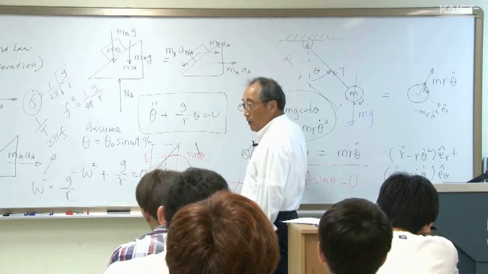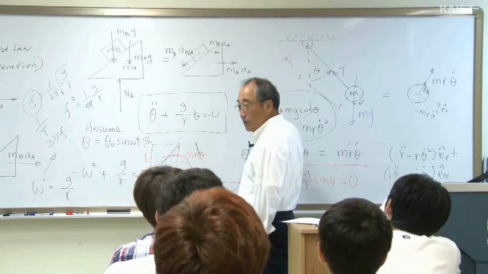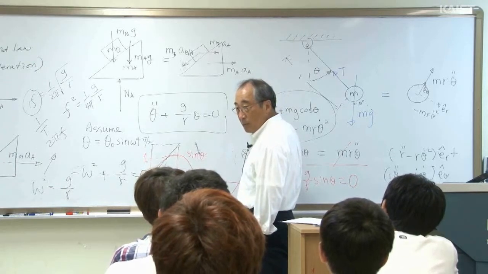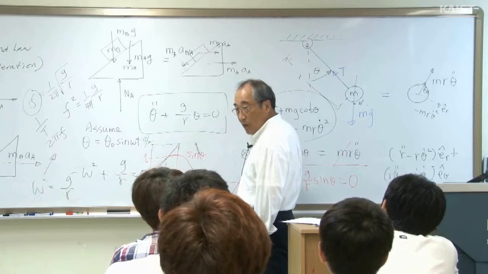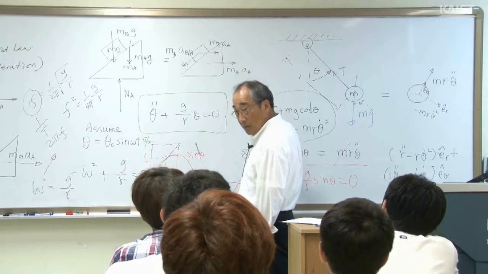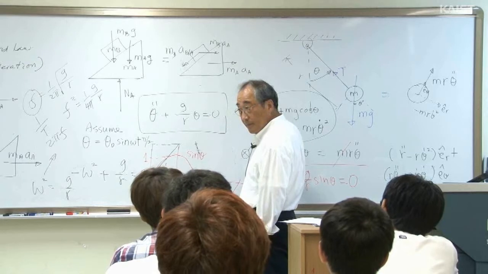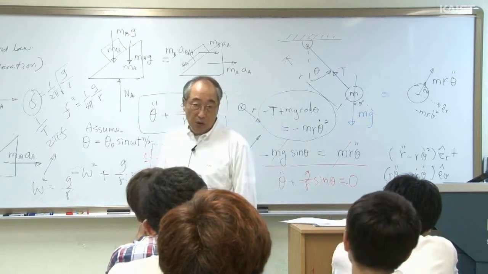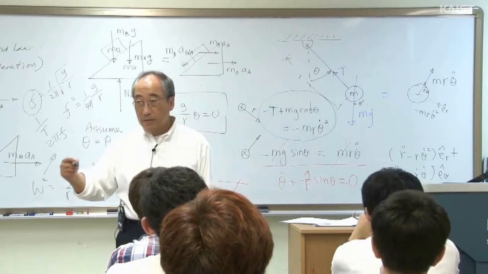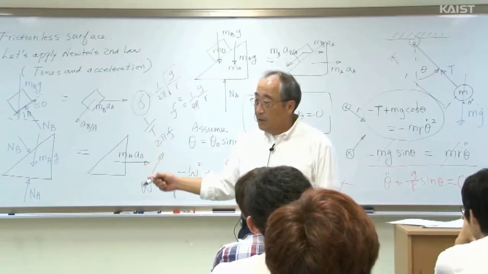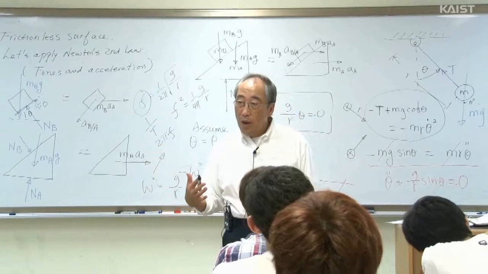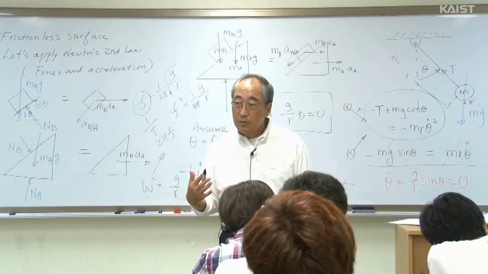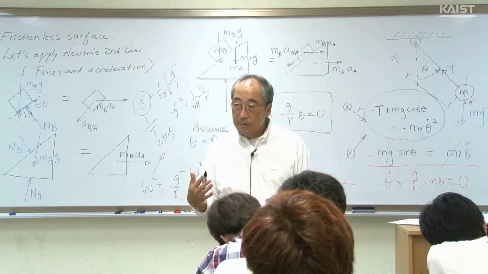Right over here, when the pendulum is stopped, theta is maximum. So I want you to draw the picture of a pendulum, and then you can see when you get maximum tension. All right? You can do it.